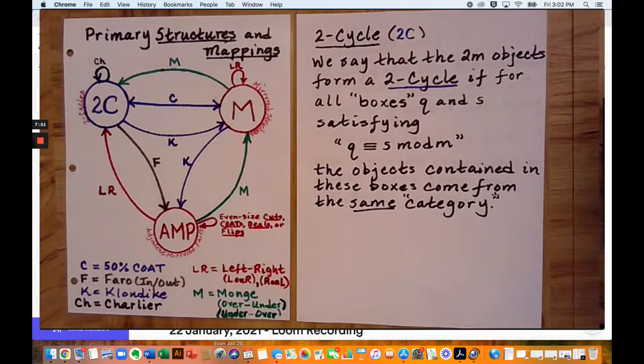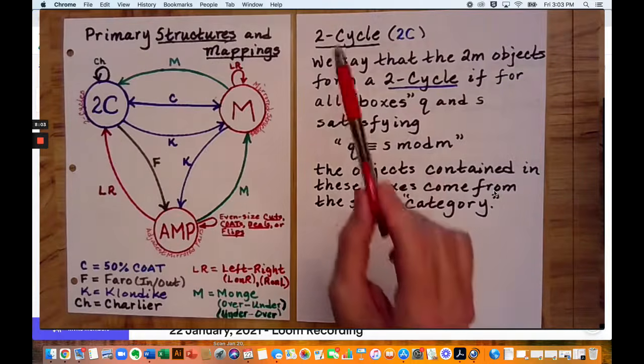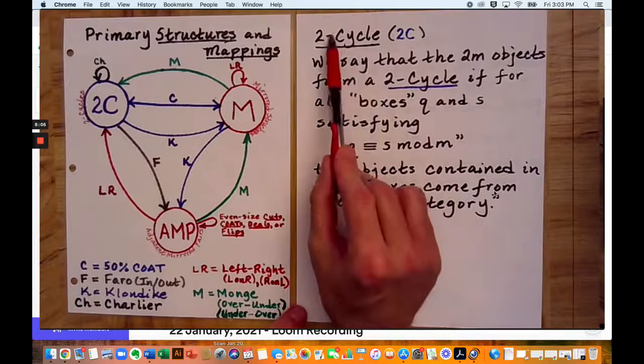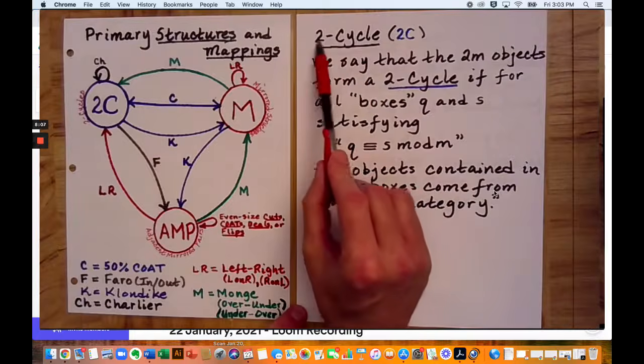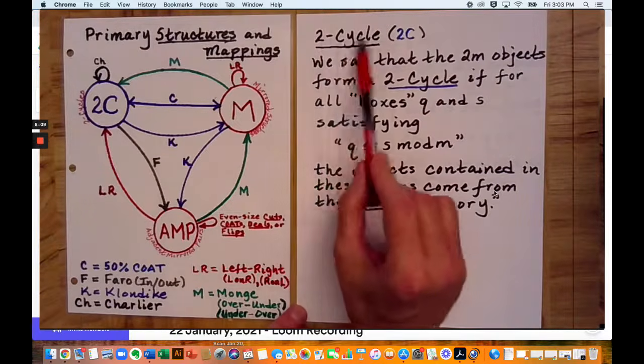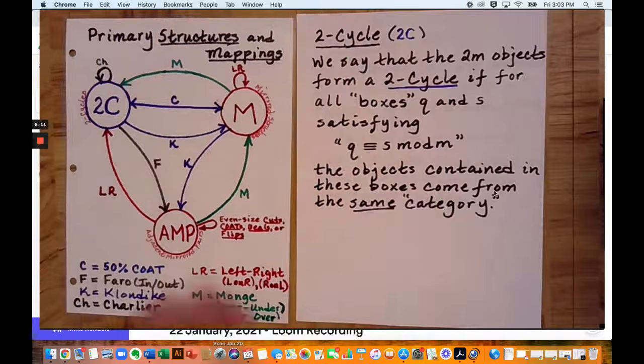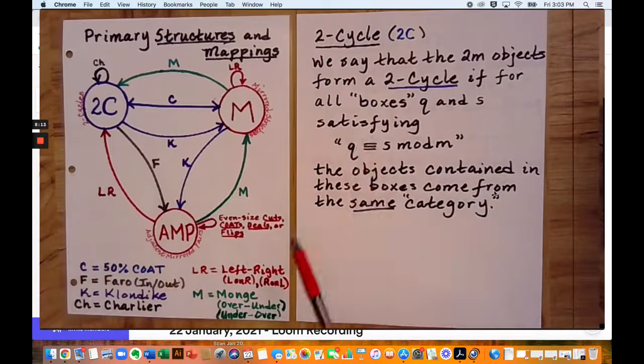We have adopted the word cycle because it fits. It describes what's going on. I will always use a capital C. In fact, it will always be paired with a number, here 4-cycle, 6-cycle, and these will always be an even number of cycles.